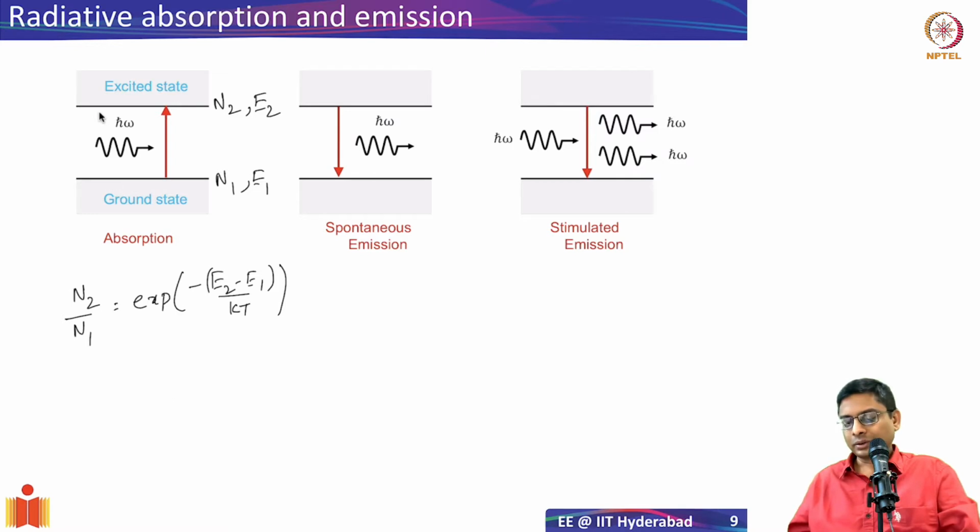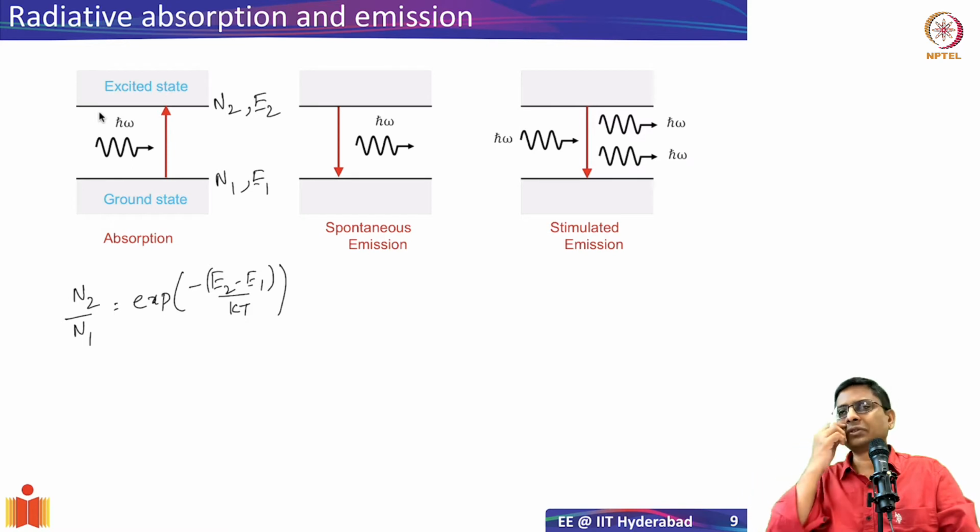In this case, the question was what are these excited and ground states? They can be anything. For example, if you're looking at a semiconductor, they can be the valence band and the conduction band. Essentially, you have a few electrons in the valence band, and the conduction band is empty in the intrinsic semiconductor case.